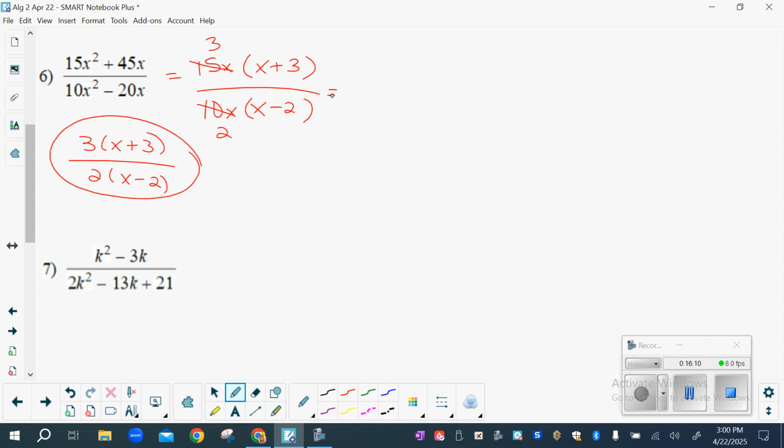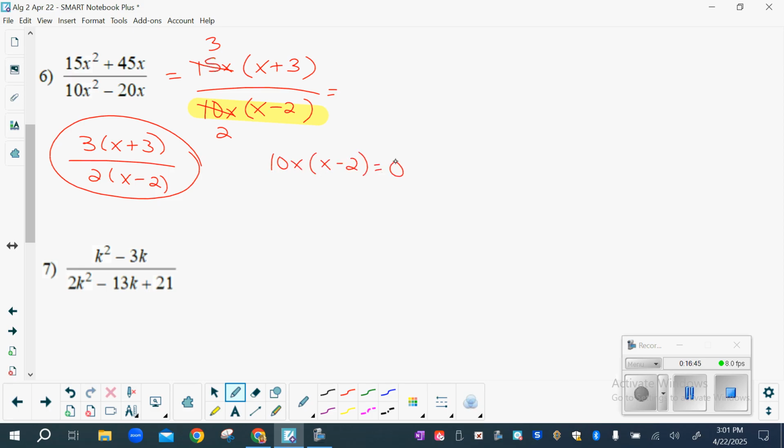Am I done? No. So, here in this group, tell me what I do next. We need to find the domain, right? So how do we find the domain? We're going to use the 10x squared minus 20x. So we're going to take that and set it equal to what, Tristan?